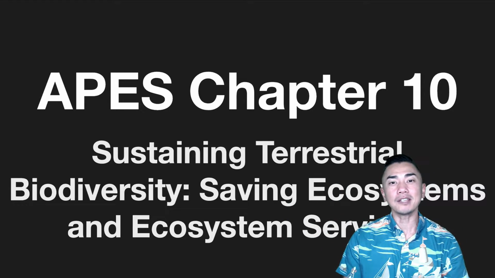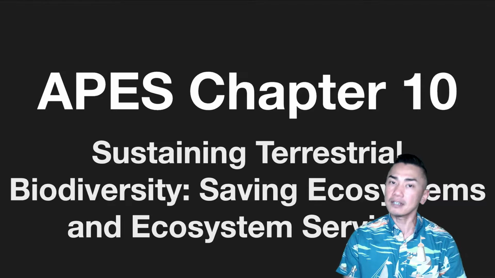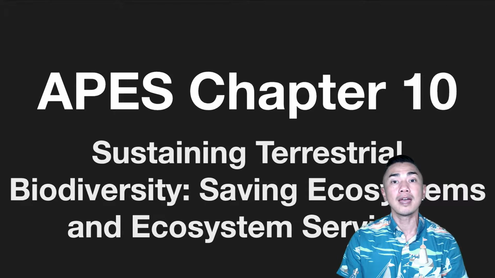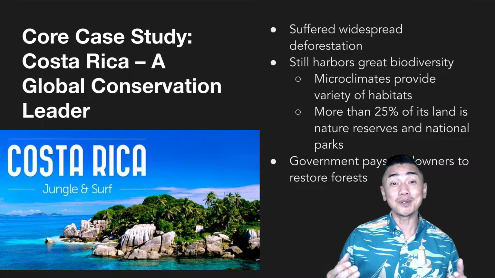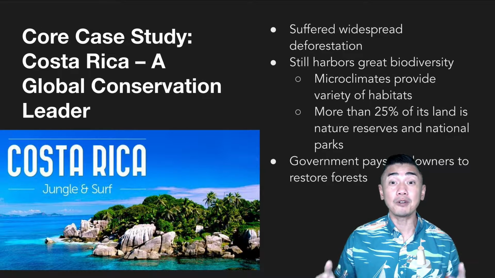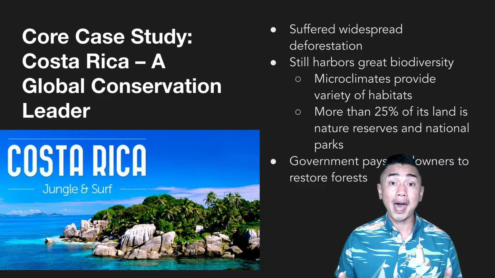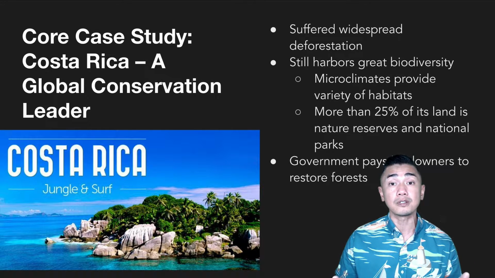In this screencast, we're going to start Chapter 10 and cover sections 10.1 and 10.2. The chapter starts off with a case study that revolves around Costa Rica, an example of how conservation can work and be successful. In its past, Costa Rica has experienced widespread deforestation.